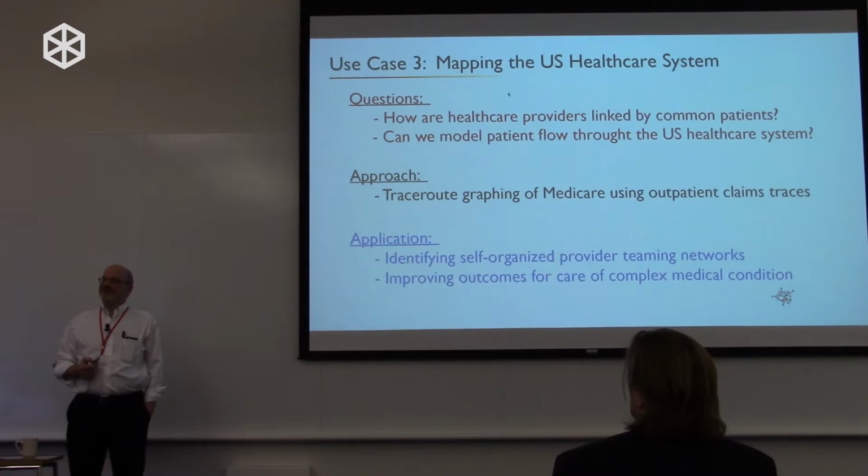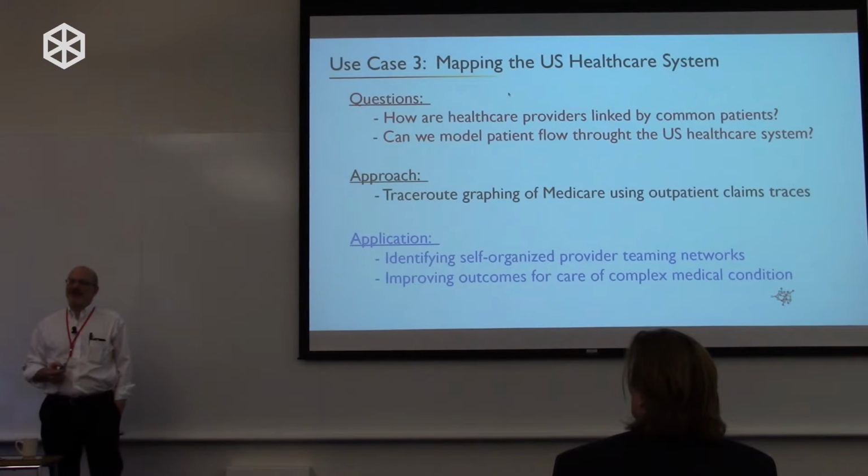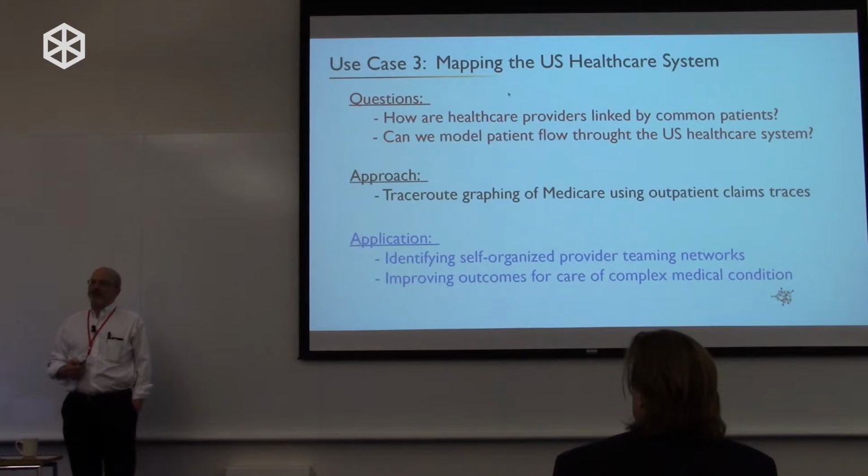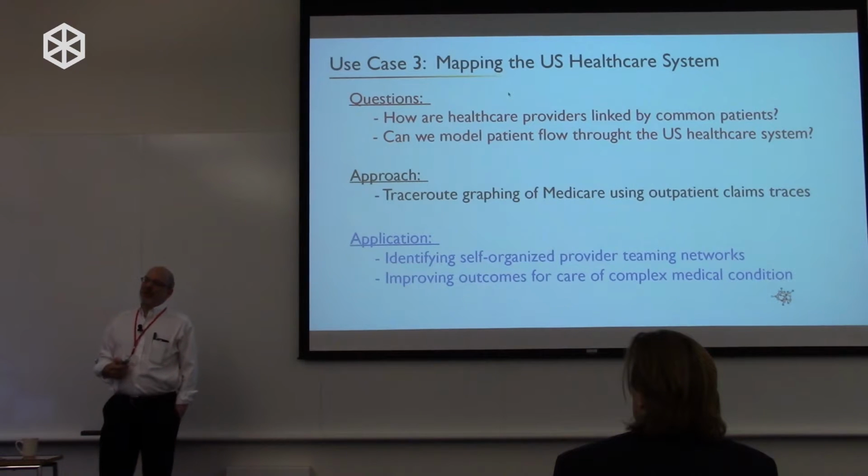For those of you from Europe, Medicare is a healthcare system here that covers people who are over age 65, as well as a couple of categories of folks with permanent disabilities, people with kidney disease who require dialysis, and people with neurologic disease. About 40 million Americans are insured through this system. And we were interested in a number of different questions.